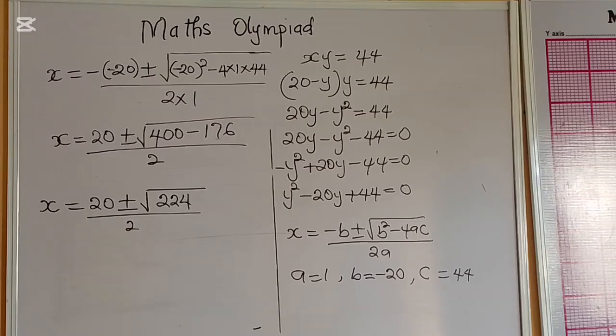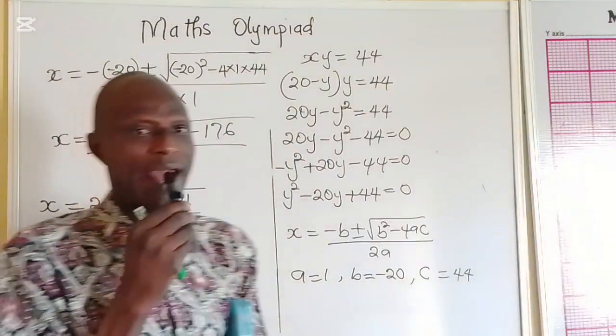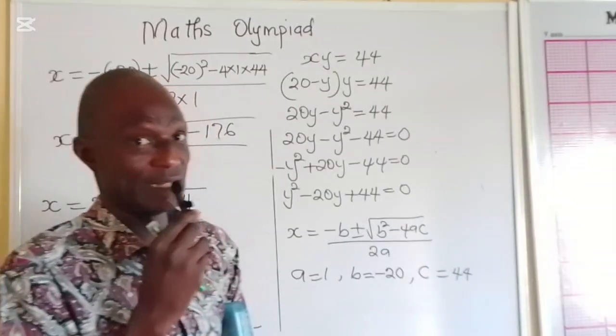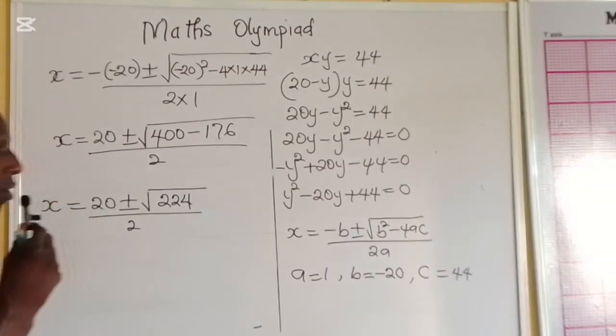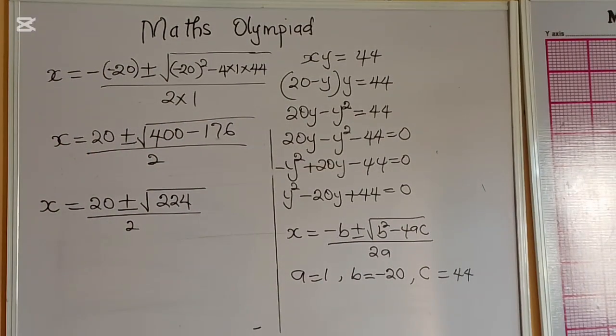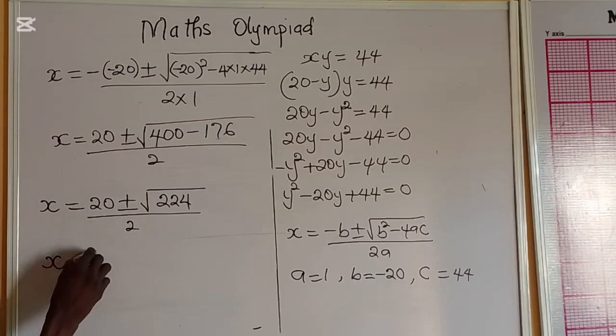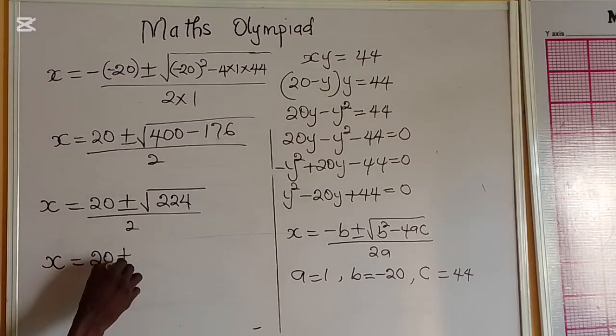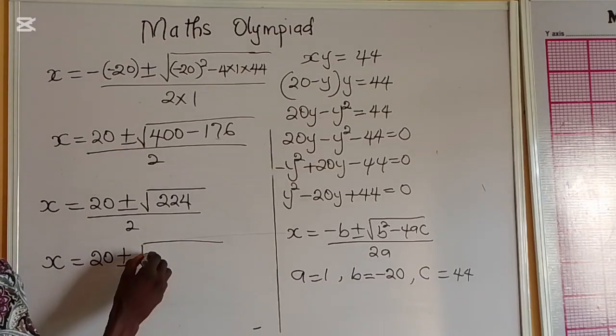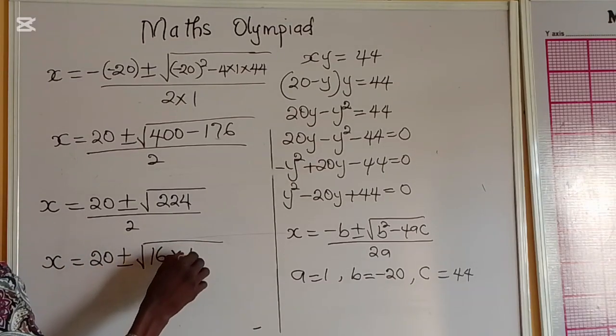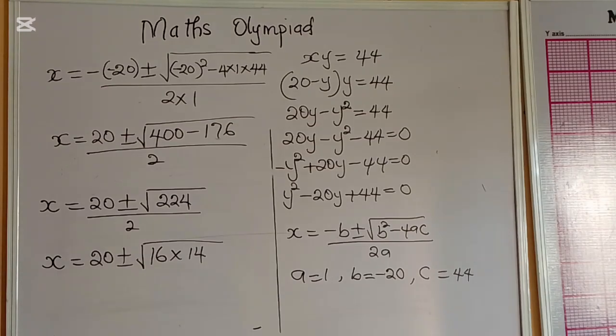Alright. Like what I taught my children, I can leave my answer in decimal fraction, but now I will not leave it in decimal fraction. I will solve it like this. x is equal to 20 plus or minus, what we can get from here is 16 times 14, which will give you 224.